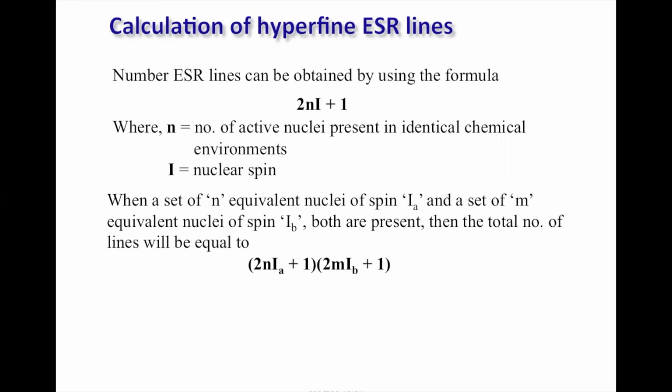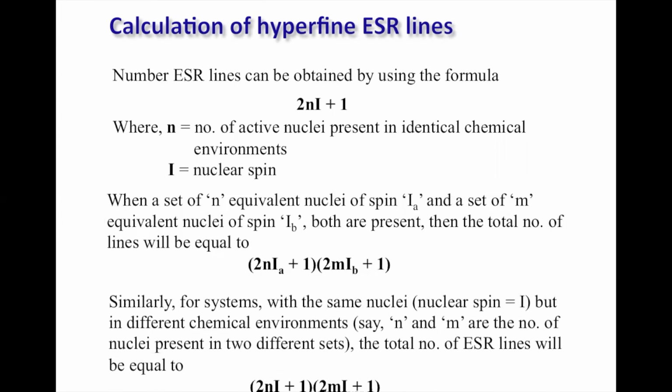Now, if the hyperfine splitting is caused by both a set of n equivalent nuclei of spin Ia and a set of m equivalent nuclei of spin Ib, then in that case, the total number of lines will be given by this formula, (2nIa plus 1) into (2mIb plus 1).